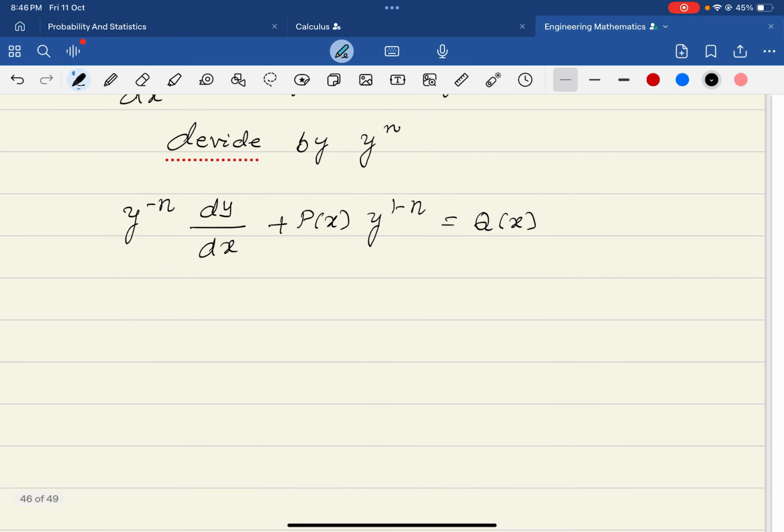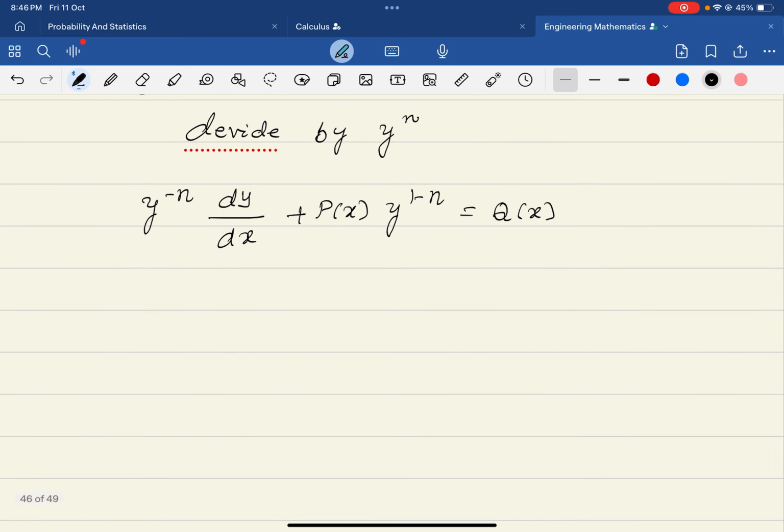So this is the equation. Now we make a substitution. In any problem we want to make it linear, right? So we want to choose the substitution so that the derivative of this term gives you this term.